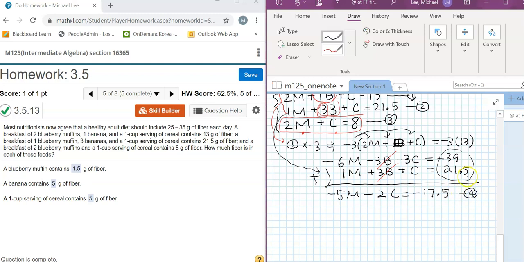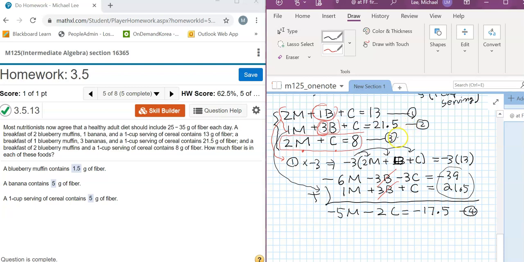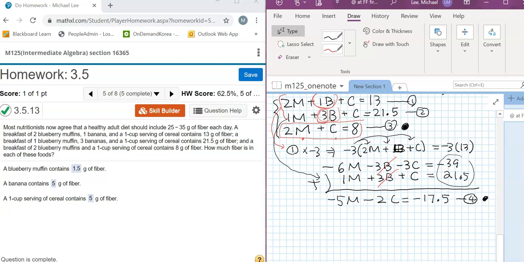Okay, so I have 3 and 4. These are the two equations that I'm going to work with now. So now if I write, what is equation 2? No, not equation 2, equation 3 I'm talking about, equation 3.